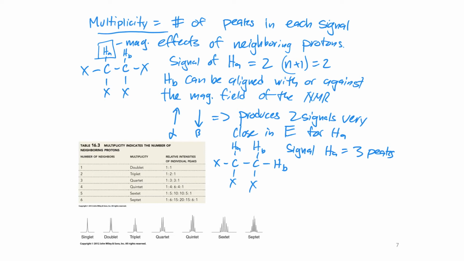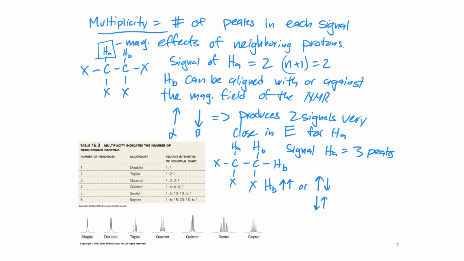How do we get that? Well, again, we have 2 HBs. They can both be aligned with the magnetic field, or one can be aligned with, one can be aligned against the magnetic field. And since we have 2, we can reverse this situation and have the first one aligned against, the second one aligned with.